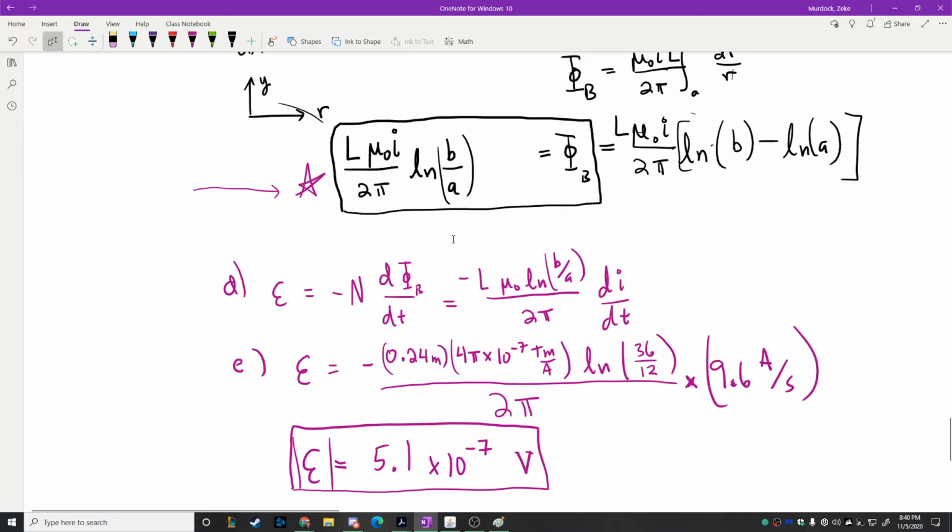Do I want to say anything else about that? There are some really common pitfalls that I always saw when I was grading this problem. Just remember, when you're taking the derivative of something like this, when the variables inside are also varying with respect to time, you need to use the chain rule. You take the derivative of the outside, you multiply by the derivative of the inside, and the derivative of the inside is going to be a quotient, right?